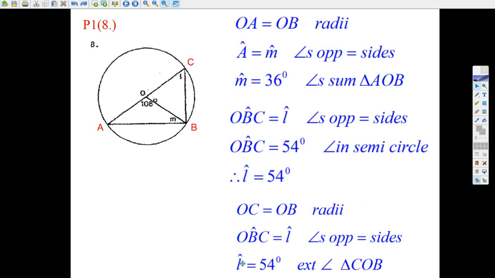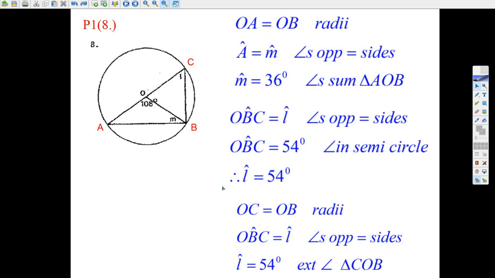Now you could look at the video, look down here a little bit later and take a close look. You wouldn't have had to use angles in a semicircle to get at L. You could have got L doing something called the exterior angle. Maybe I'll just go over it quickly. You just go OC equals OB, so they must be equal, but we've already done it.